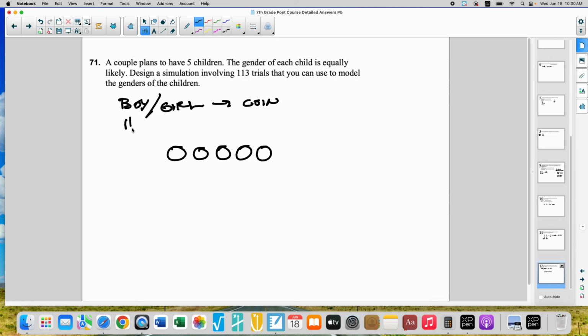Let's say boy is heads, girl is tails. If you flip 5 coins, you could get boy, girl, girl, girl, boy, and that would be one simulation. So you could do 113 of those 5 coin flips. That's one way of doing it.